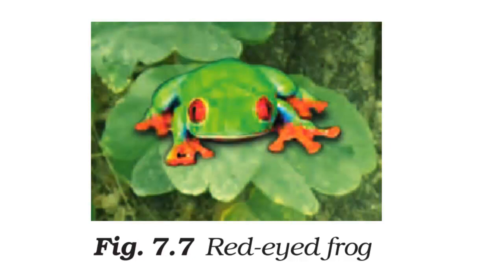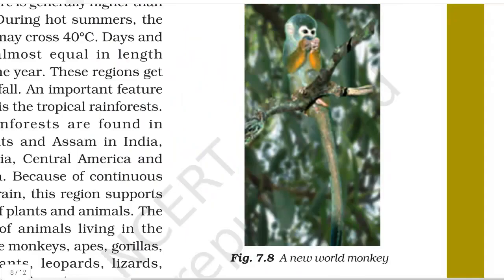This red-eye frog has developed sticky pads on its feet to help it climb trees on which it lives. To help them live on the trees, monkeys have long tails for grasping branches. Their hands and feet are such that they can easily hold onto the branches.